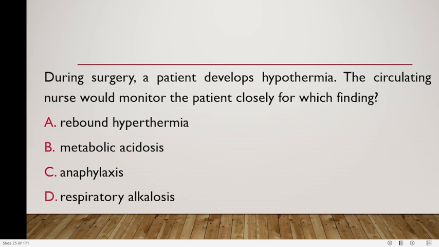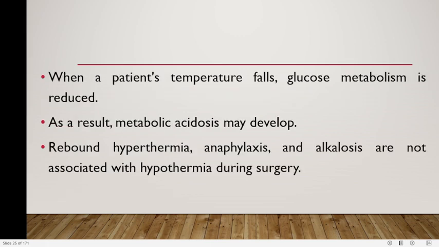And if that happens, then the body is going to engage alternative sources of energy. It will be the same as in diabetes type 1 mainly, whereby alternative sources of energy are now broken down, the proteins, resulting in metabolic acidosis. And that's why B becomes the answer.